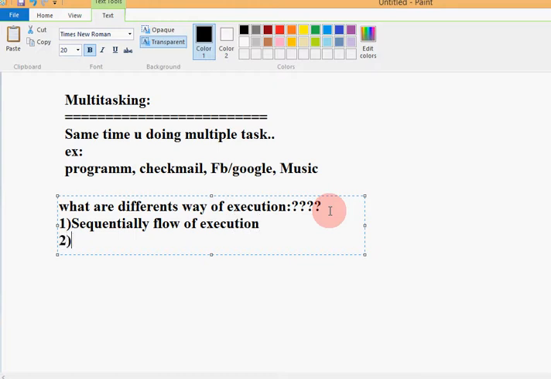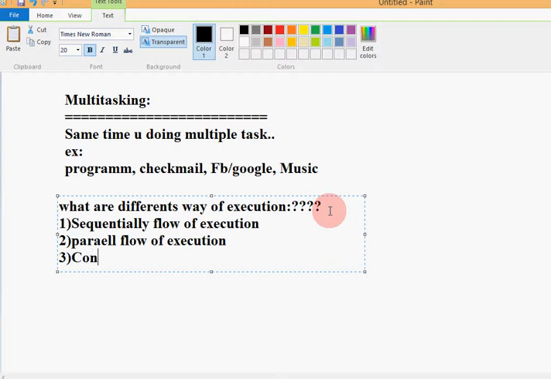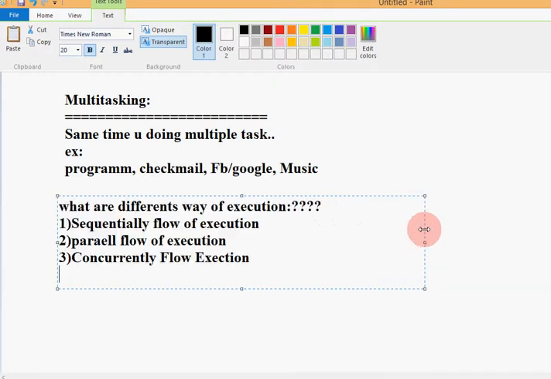And the third one is concurrent flow of execution.